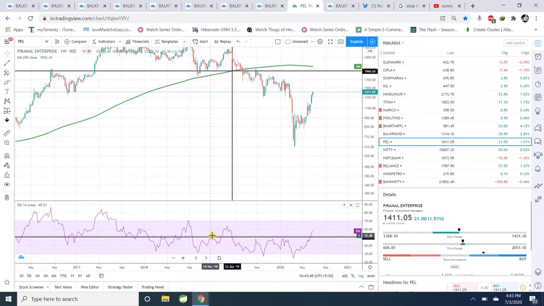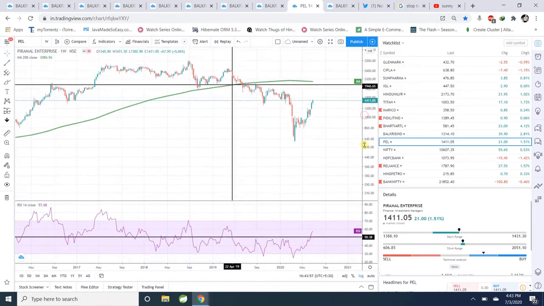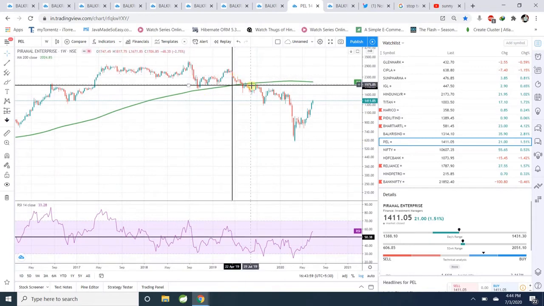I am placing a line at the 50th point on RSI, and you see there was a fall from almost 2500 levels to 600. During this time the RSI was always under 50.